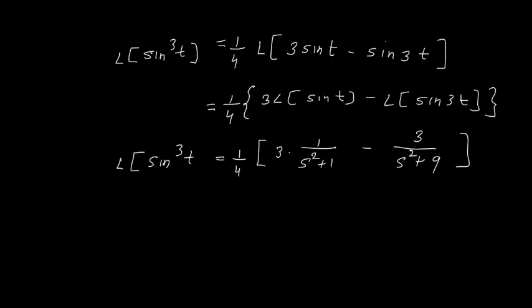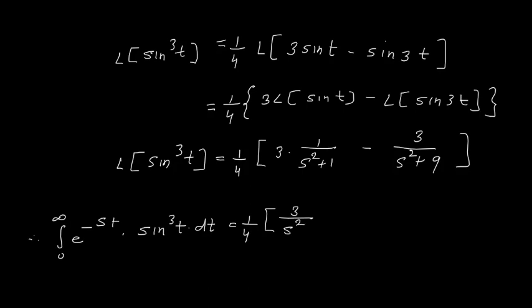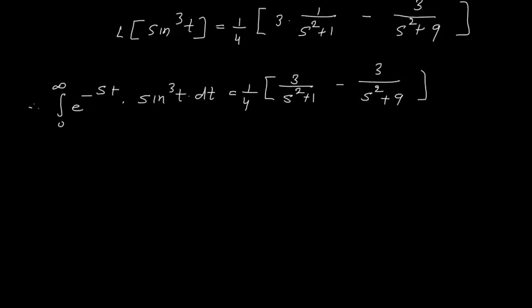Now if I apply the definition, therefore I will get 0 to infinity e power minus st into sine cube t dt. This will be 1 upon 4 times 3 upon s square plus 1 minus 3 upon s square plus 9. Now in our problem, we have to find the value of e power minus 2t into sine cube t.